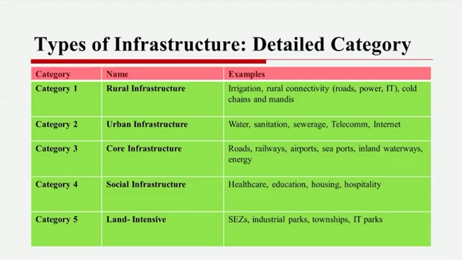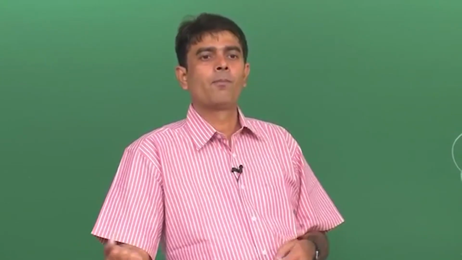We can have different types of infrastructure. Rural infrastructure includes irrigation and rural connectivity, rural roads, power, and cold storage facilities. Urban infrastructure includes water supply, sanitation, telecommunication, internet. Core infrastructure includes road, railways, airports, seaports, waterways, energy, which is needed in rural and urban areas.